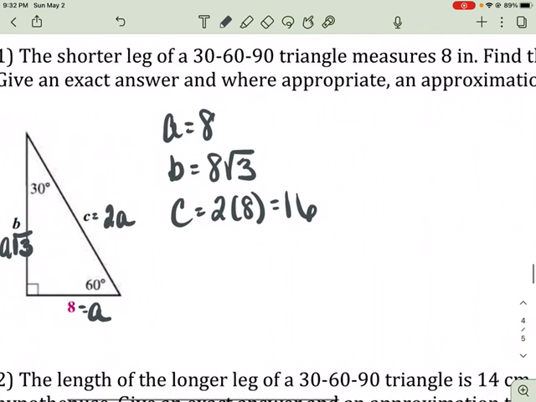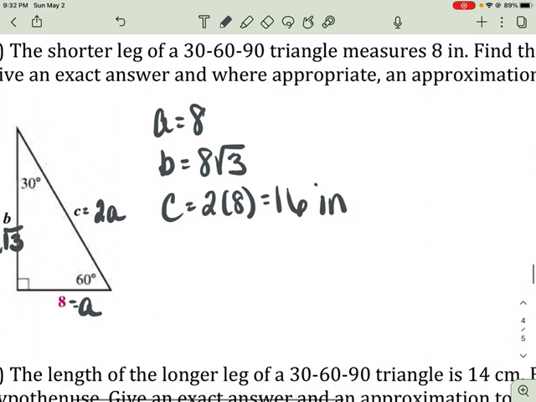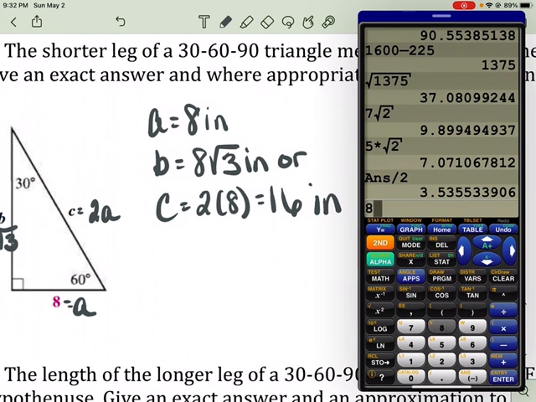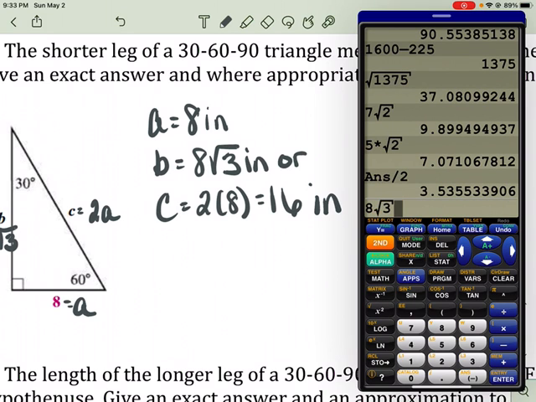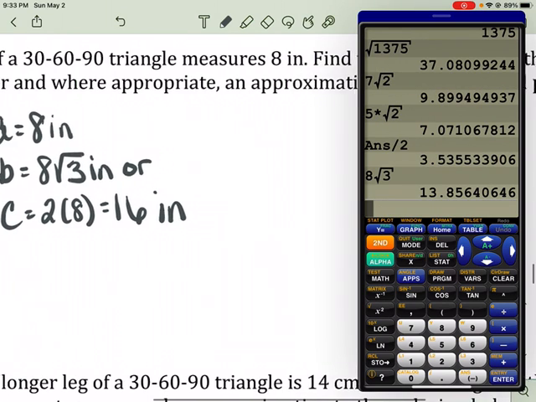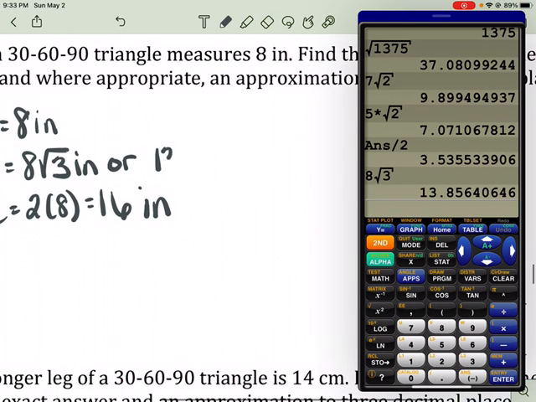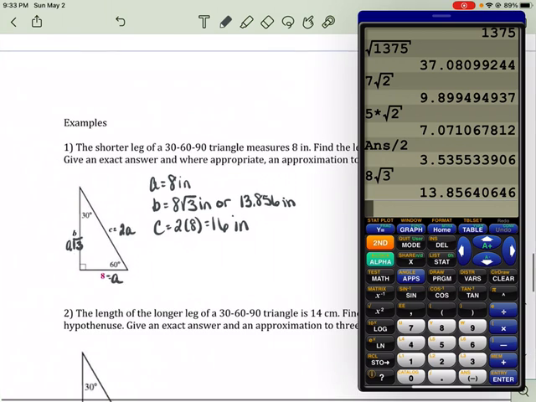Okay, and this is in inches. Now, the only one we need an approximation for is the 8 square roots of 3. Okay, so 13.856. There we go.